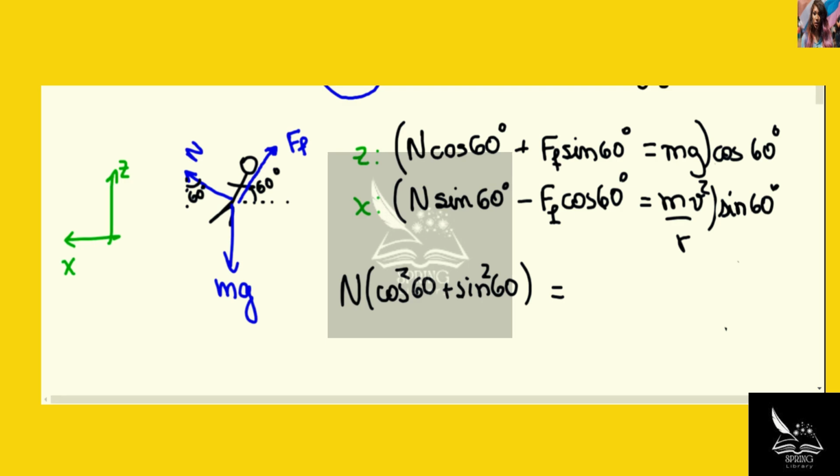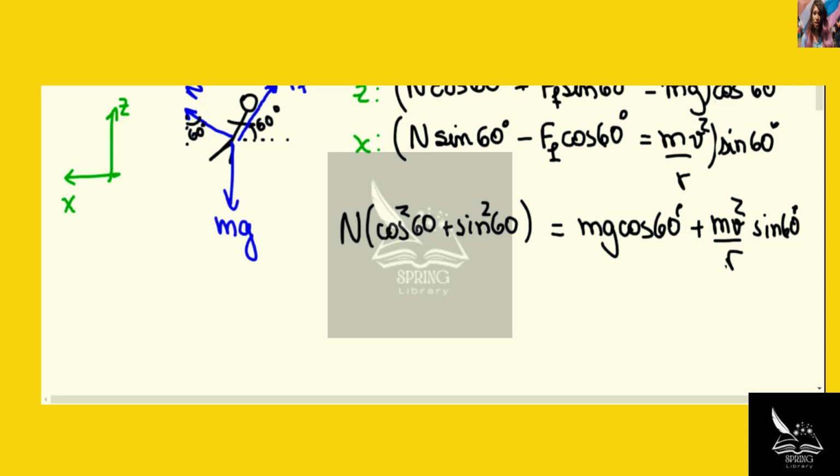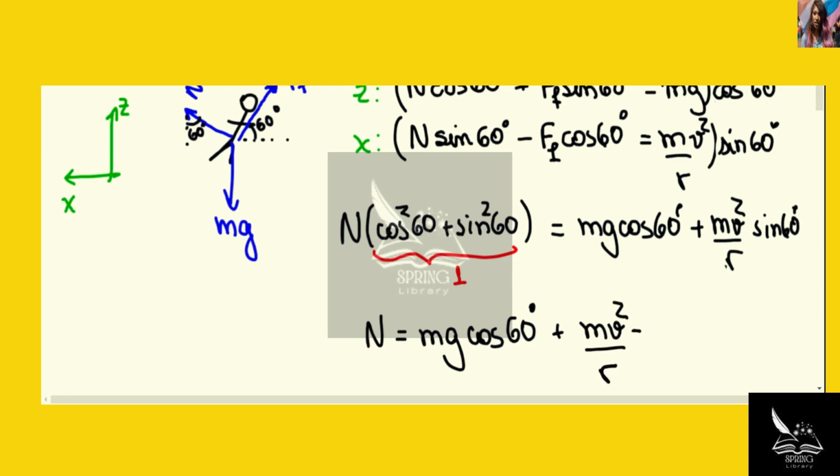Now the second term cancels out, and we have mg times cosine of 60 plus mv squared over r times sine of 60. Notice that this here is equal to 1. So we have that n is equal to mg cosine 60 plus mv squared over r sine of 60.